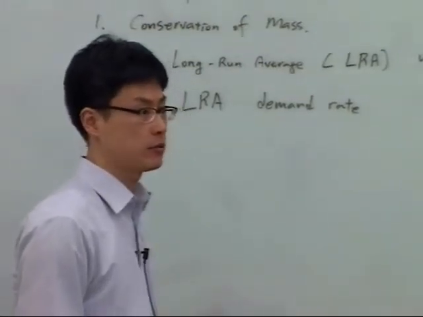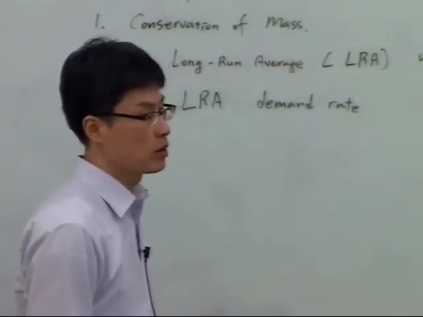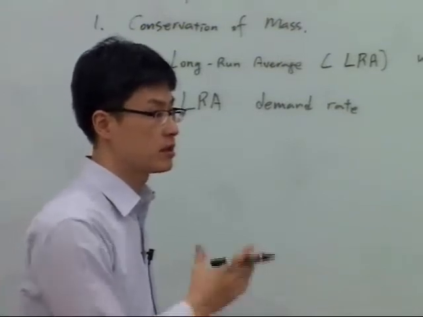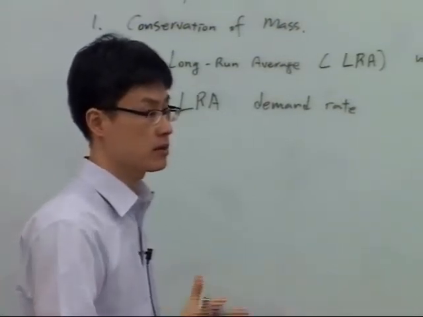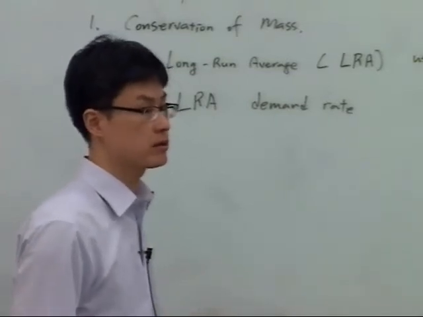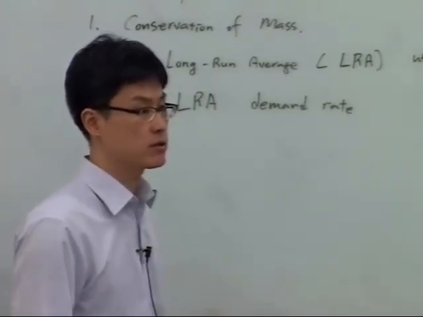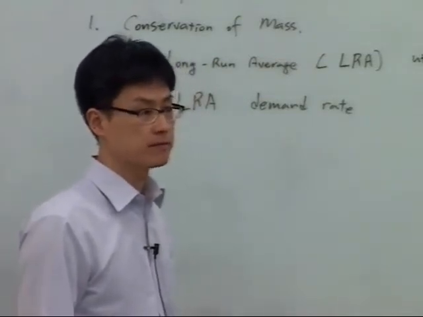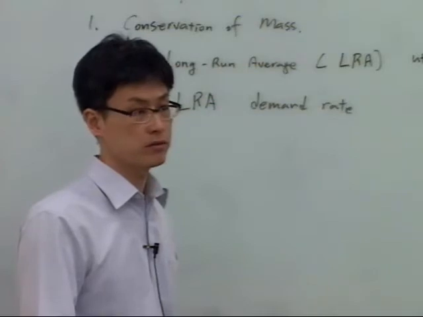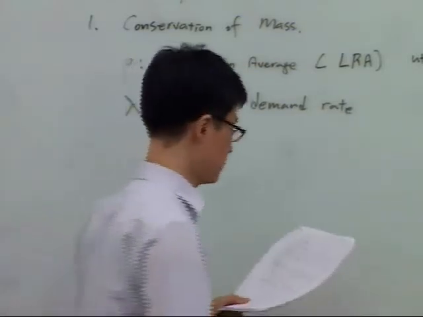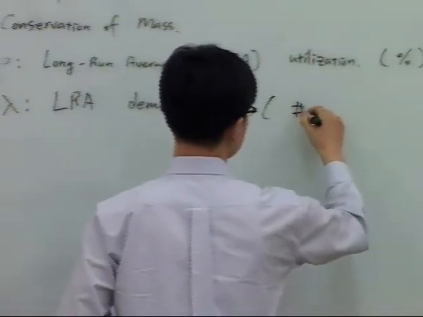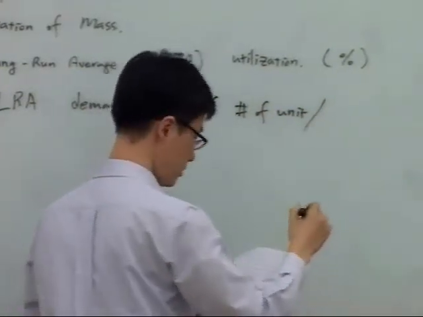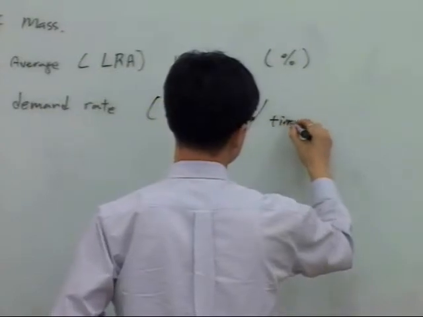Okay, it is a rate. So what would be the unit? Demand divided by something, right? What is the demand in terms of factory production? Number of parts, number of products, right? So it's a number of units per some time.